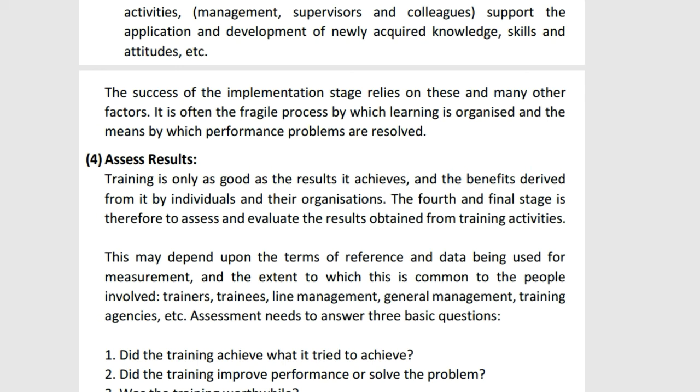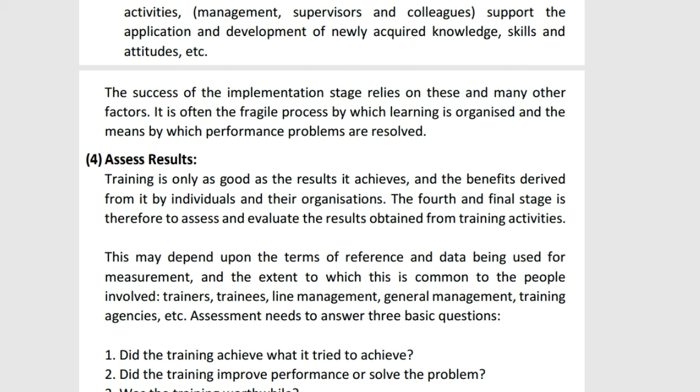So after implementation of the training program, evaluation takes place. Training is only as good as the result achieved and the benefit derived from it by individuals and their organization. The fourth and the final stage is therefore to assess and evaluate the results obtained from the training program.